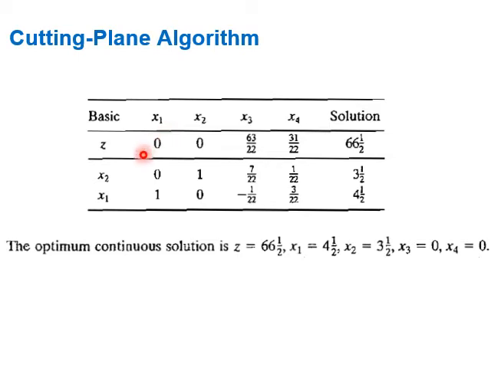So if you look, this is an integer, so we can just eliminate it. And this is also an integer, we can eliminate it. For z, we have 1 here, and we can eliminate that one also. This is not an integer value, 63 divided by 22. It is 2 point something, so it means 2 plus 19 over 22, I guess.